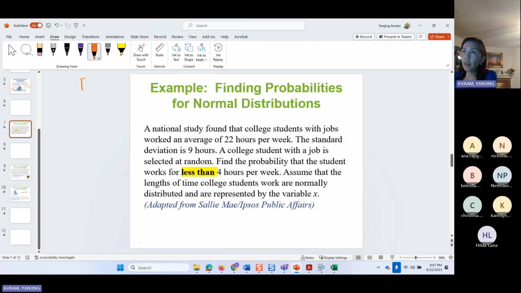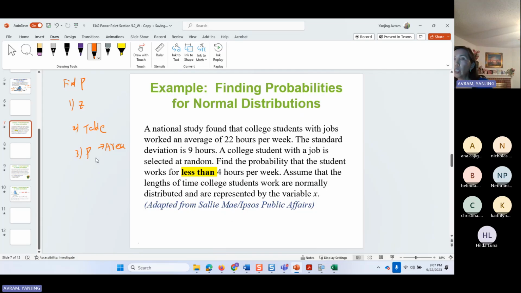If you want to find the probability, step 1 you have to find the z-score. Step 2 you read the table, and then step 3 you get a probability. So you just have to know this area. The probability is the area, the bell curve area.